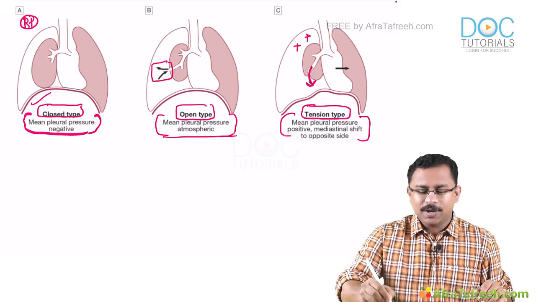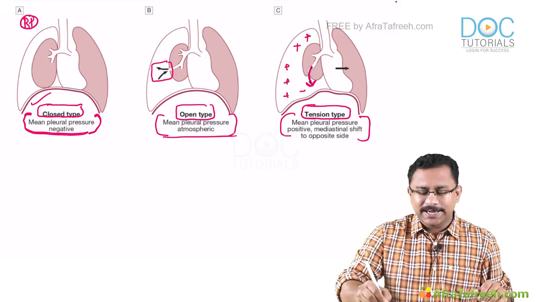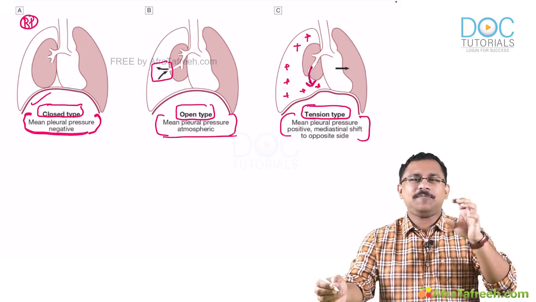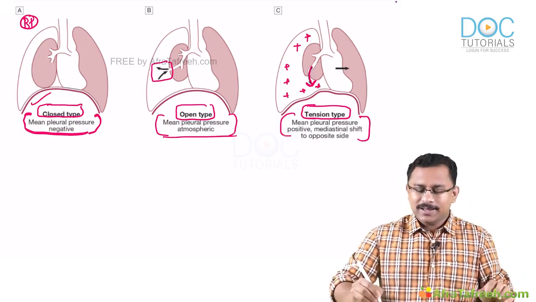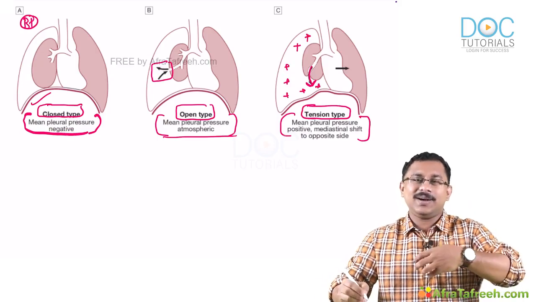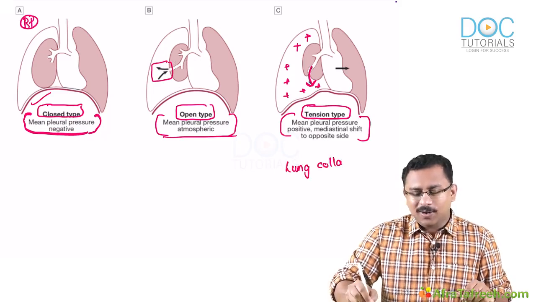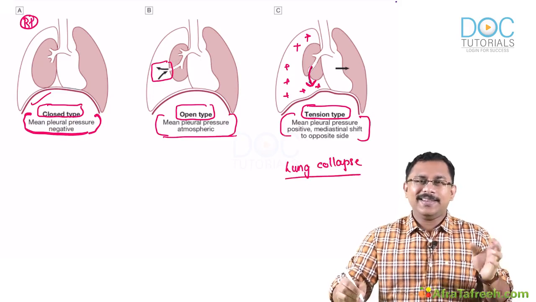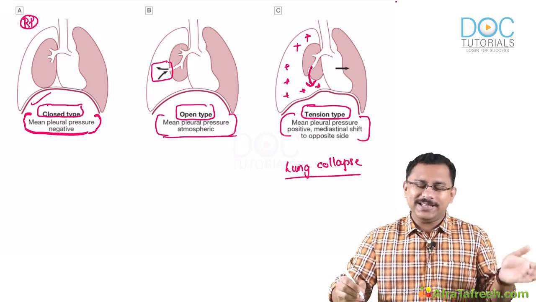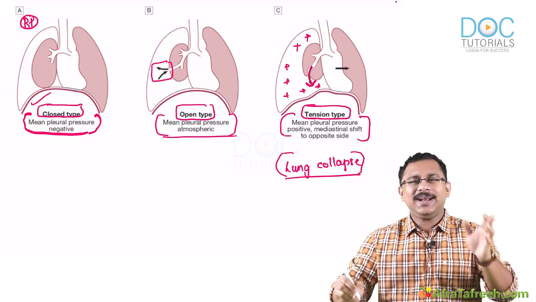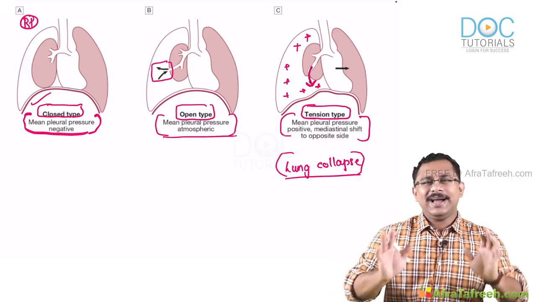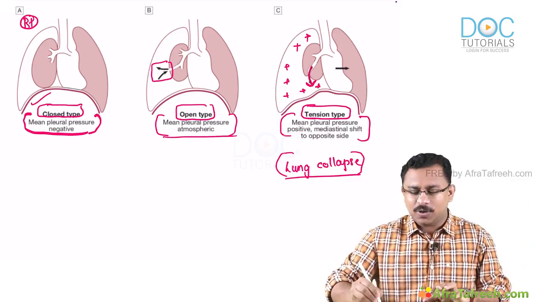There is so much positive pressure inside here, and because of that, to a greater degree you can have a lung collapse. Are you not having lung collapse in other entities, the closed and the open one? Yes, you are, but there is a significant degree of lung collapse, and the mediastinal shift also occurs.